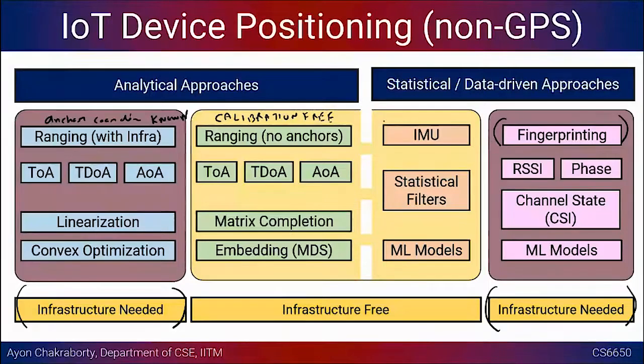Okay, and the other thing, which is infrastructure free in the sense you do not need any deployable infrastructure, is that you just carry an IMU sensor, an inertial measurement unit sensor, which is already a part of your smartphones, and robots will have them, right? So this also can provide you some level of positioning for some amount of time, right? So IMUs do drift, right? It has to be corrected, but for a short while, an IMU could be used.